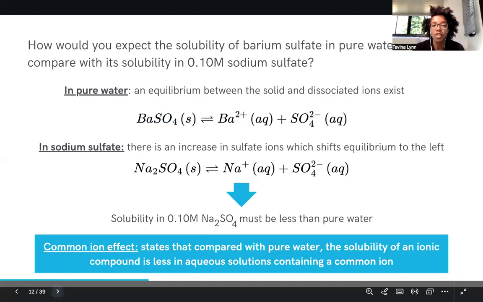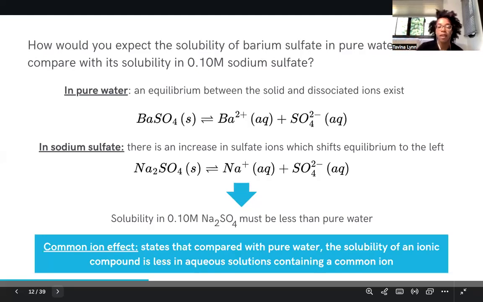So this is described as something called the common ion effect, right? Let me rephrase.